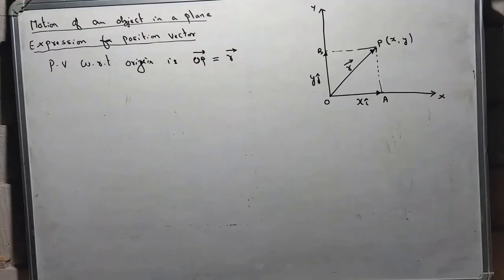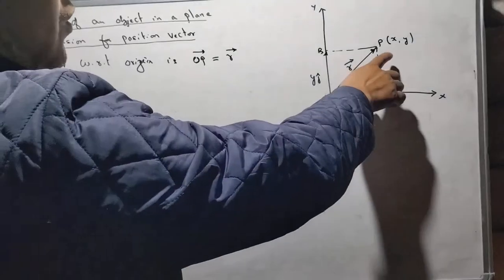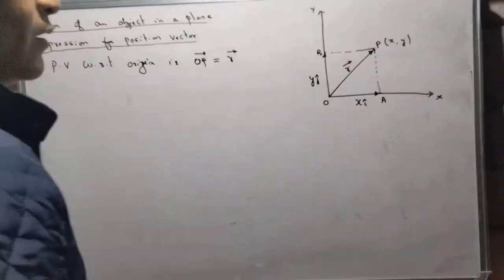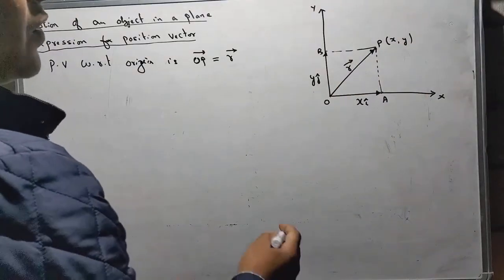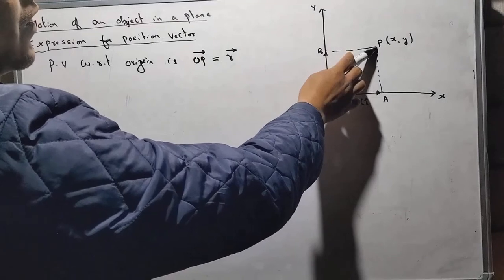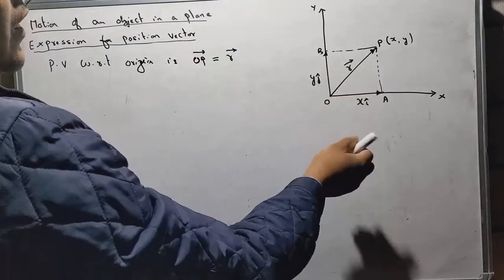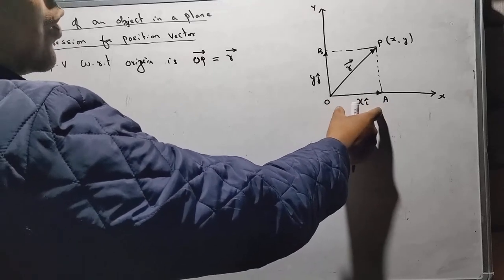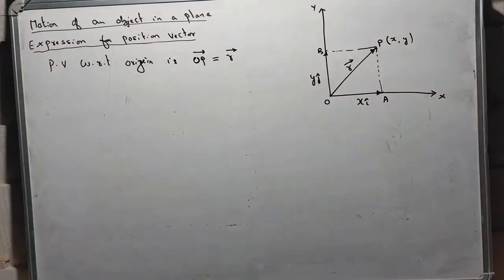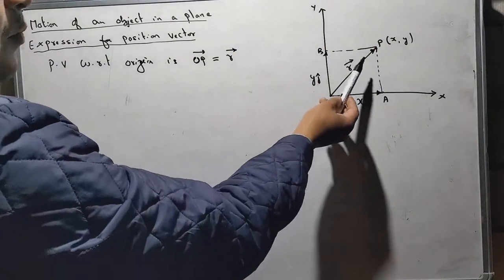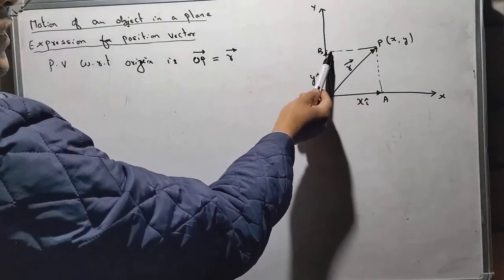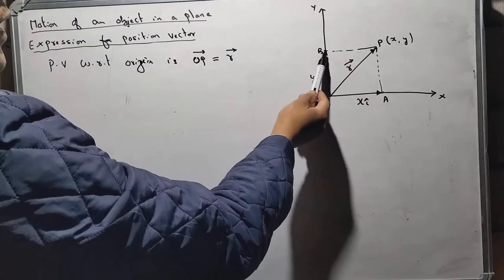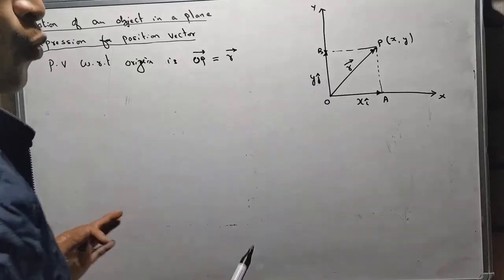Now if the coordinates of this point P are x comma y, then if you drop a perpendicular from this point P on the x-axis, you will get the distance OA, and OA is equal to small x. Similarly, if you drop a perpendicular from the point P on the y-axis, you will get the distance OB, and this OB is equal to y.